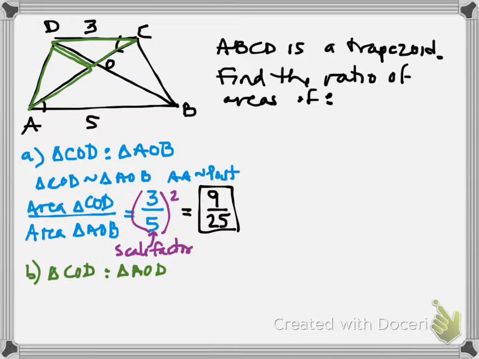What do you think is going to be true about those two triangles? They have one side that's congruent. Okay, yes, but that's not going to help me. Heights. They have the same height, right?